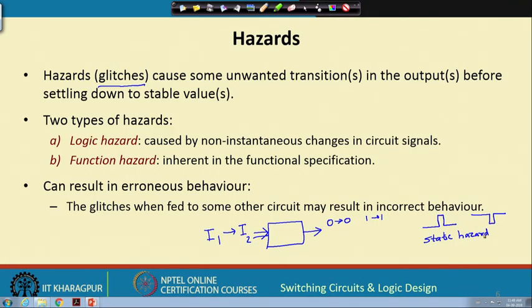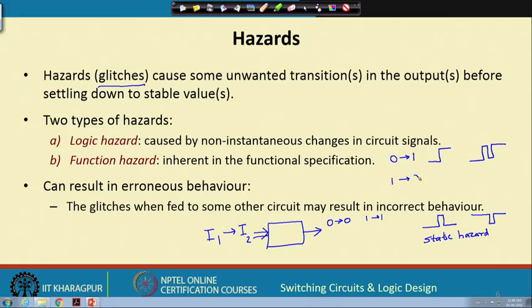Let us take another example where the input was 0, let us suppose it is going to 1. For I 1 it is 0, I 2 it is 1. But instead of making a clean transition like this, it may so happen because of the delays that it makes a temporary transition like this before going to 1.